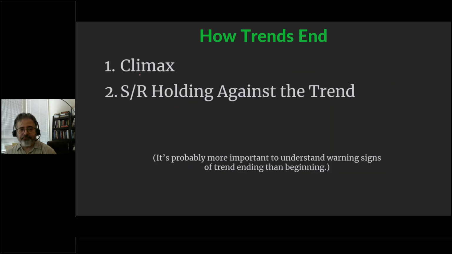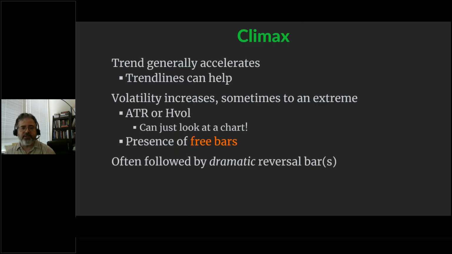How trends end: climax, or support and resistance holding against the trend. Let's jump on to these because we've already talked about climax quite a bit. Let's get more specific. In a climax, a trend generally accelerates. So if you're looking at a market that's trending up like this, and then it goes like this, and then it goes like this, what do you think if you don't know anything about markets?